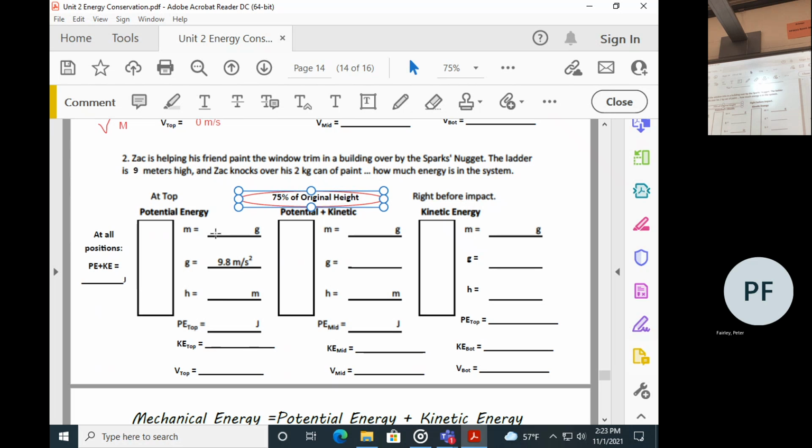So if I want 75% of 10, you have to go 10 times 0.75. So for the halfway point, to find your PE, you got to go your total energy times 0.75. Be careful on that one.